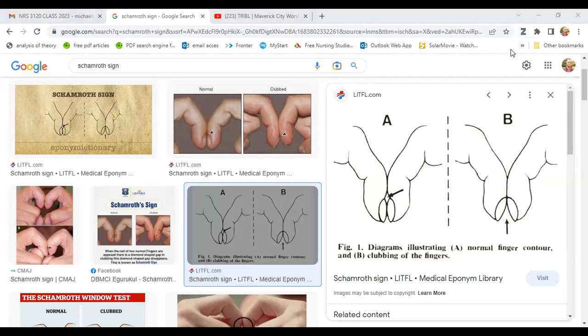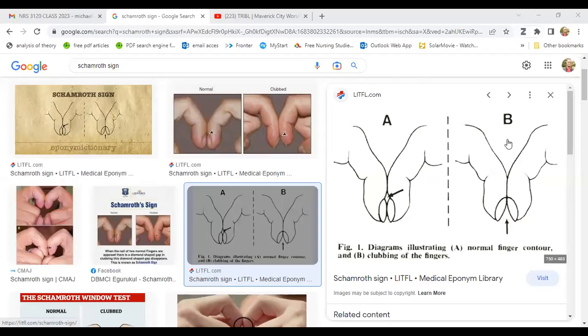Let's quickly do this. Okay, let's project this one instead. All right, so I'm sure you're able to see these diagrams here. So what you're seeing here is, let's get a spotlight going.